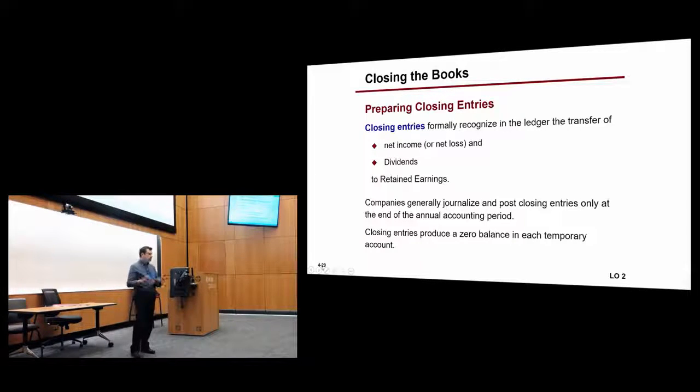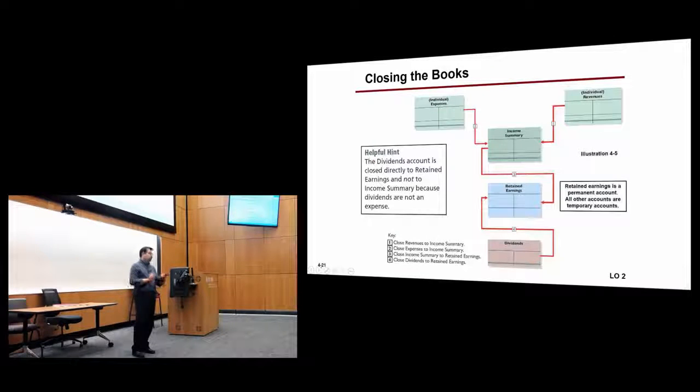Okay? Now, companies close revenues to income summary, and they close expenses to income summary. This is basically as if you are calculating net income.